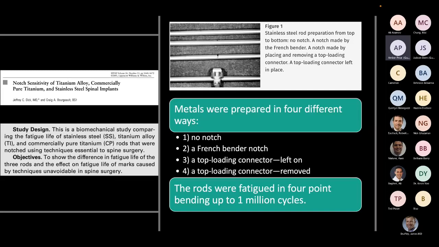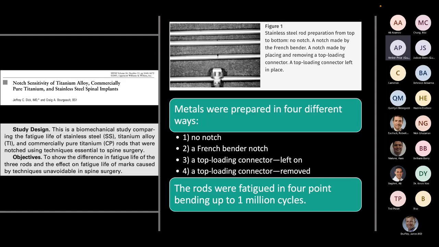So this was one of the original articles that looked at the notch sensitivity of titanium alloys, and they basically compared different metals, including stainless steel, titanium alloys, commercially pure titanium, and they used different types of rod bending techniques or placement of connectors that could potentially form notches in the rod. And then they looked at the fatigue life of the different rods and looked at which ones fared the best.